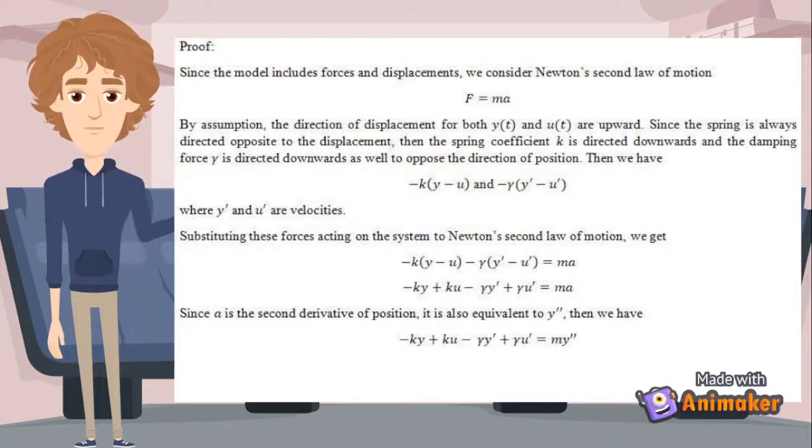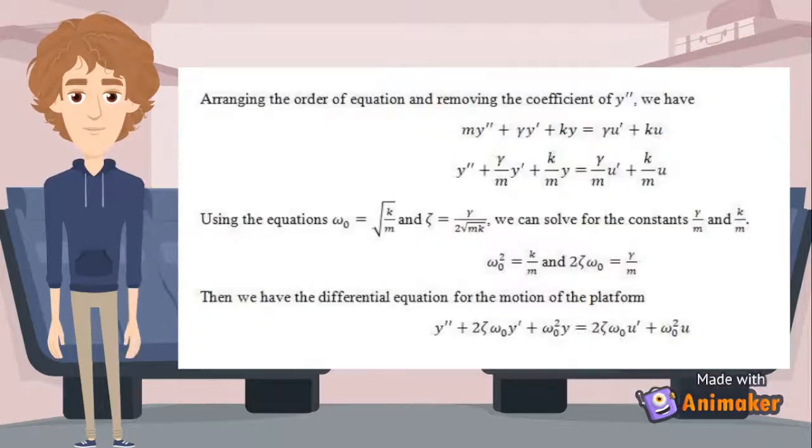Then we have negative k times (y minus u) and negative gamma times (y prime minus u prime), where y prime and u prime are velocities. Substituting these forces acting on the system into Newton's second law of motion, we get the following equation. Since a is the second derivative of position, it is equivalent to y double prime.